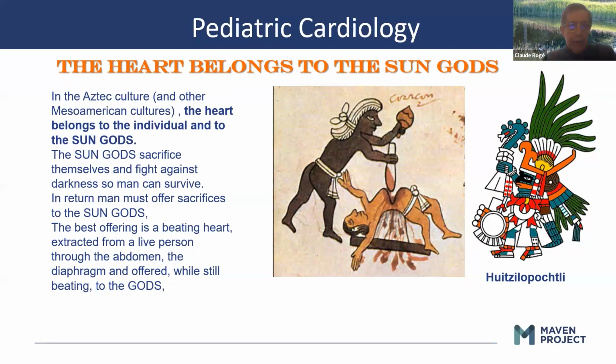And you may know in the Aztec culture and other Mesoamerican cultures, the heart belongs not only to the individual, but also to the sun gods. And the sun gods, they sacrifice themselves and fight against darkness so man can survive. And so in return, man must offer a sacrifice to the sun gods. And the best offering is a beating heart.